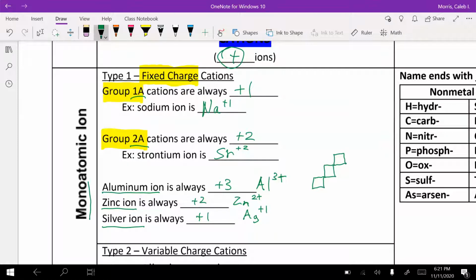At the bottom of the staircase is Ag, and then we have Zn, and then we have Al. So it's really not so bad when you think about it that way. We have a positive 1, positive 2, positive 3 as you're climbing up that little staircase. And it's right over there in group 11, 12, and 13. But it's just those three elements, plus group 1 and group 2. Those are the ones we need to memorize their charges.